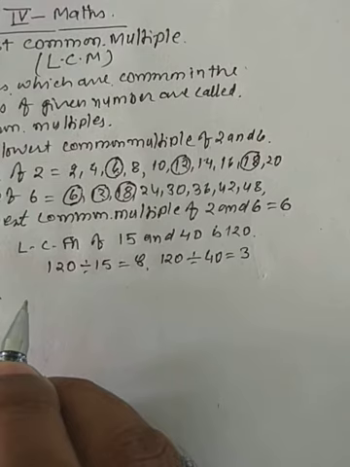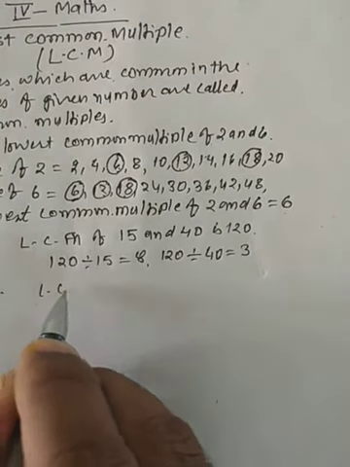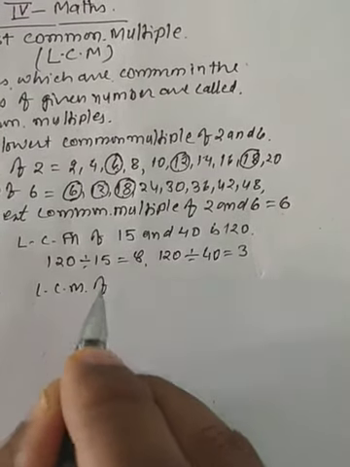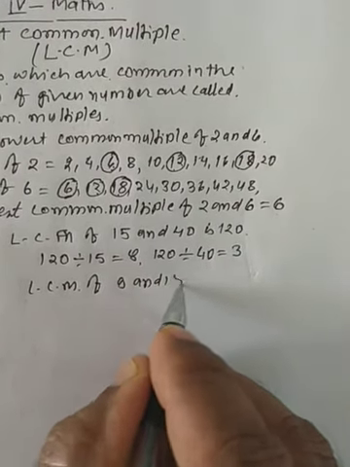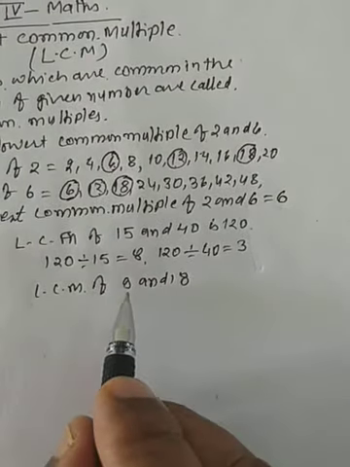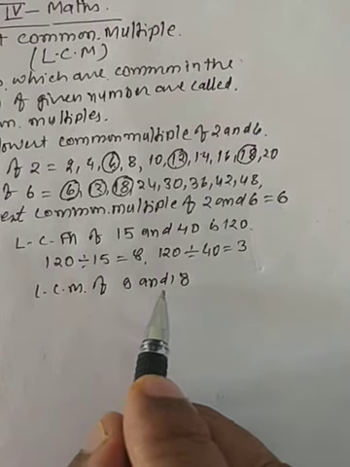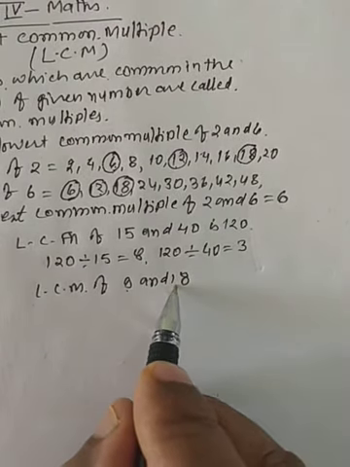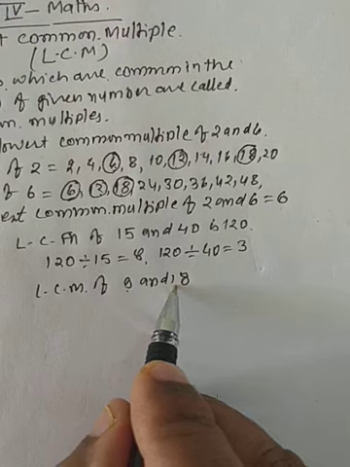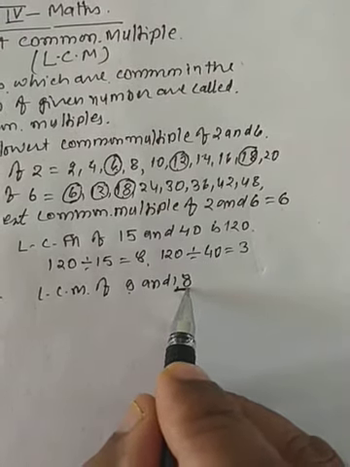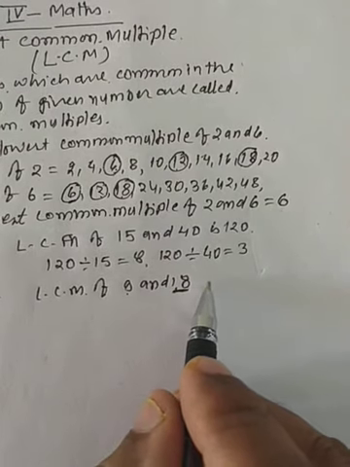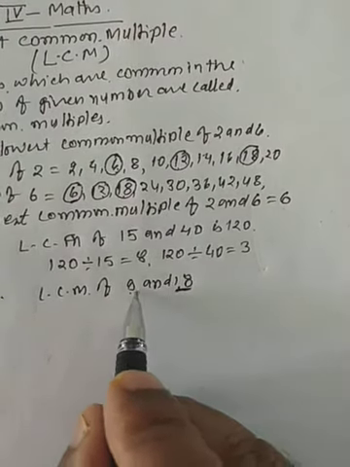For example, LCM of 9 and 18. 18 is a multiple of 9, so the highest number 18 is the LCM of 9 and 18.